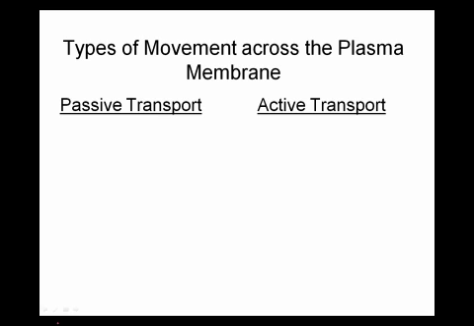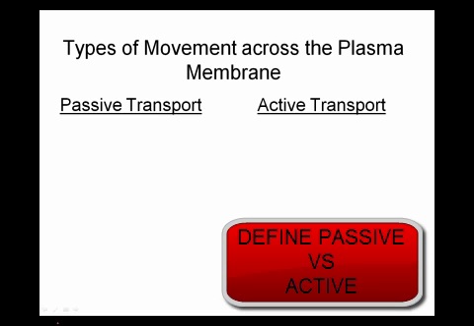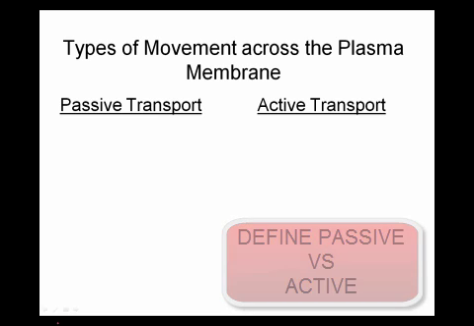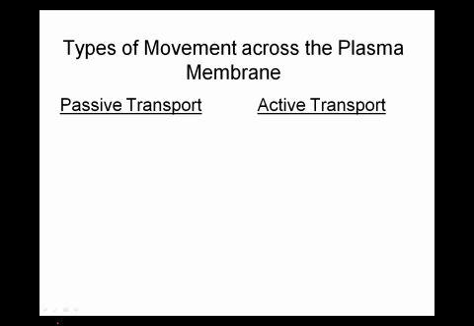We can broadly classify types of movement across the plasma membrane as either passive transport or active transport. The difference: passive transport does not require that the cell expend energy. Active transport does require cellular energy, usually in the form of ATP.